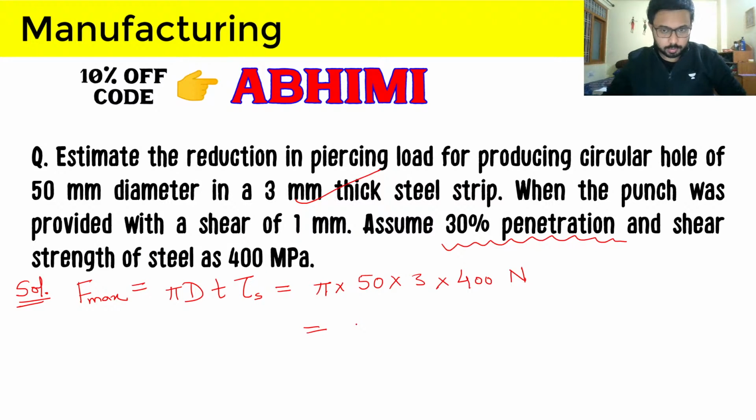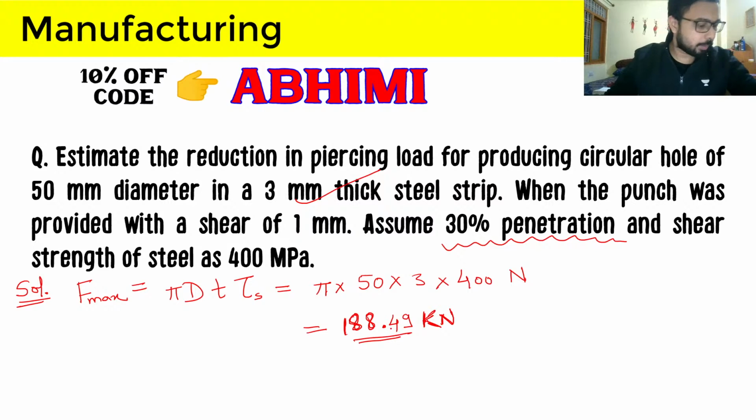So our value of this was coming out as, let me write this in kilonewtons because it was coming out quite big, 188.49 kilonewton is the maximum force, and we will see that the shear is making this value come out less than this value.